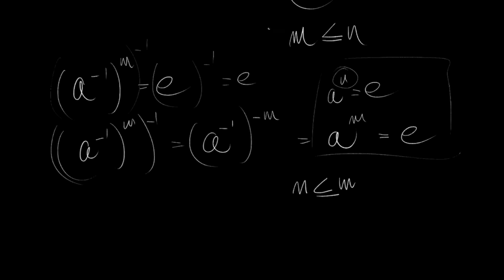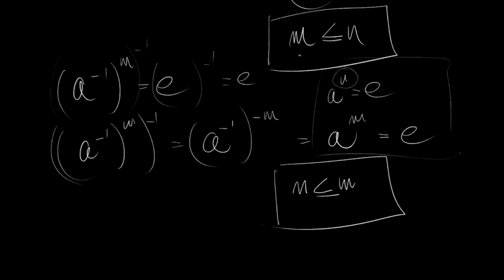Now, let's compare these two results. We have m is less than or equal to n, which is less than or equal to m. This is true if and only if n is equal to m. And the proof is concluded, right?